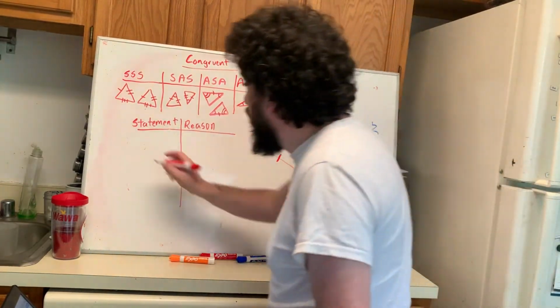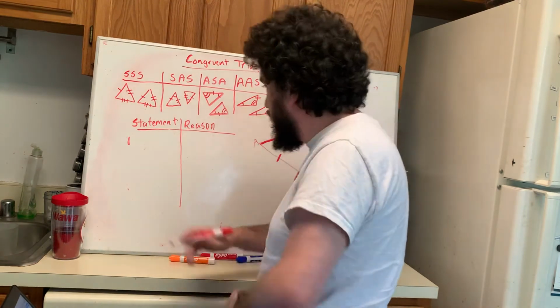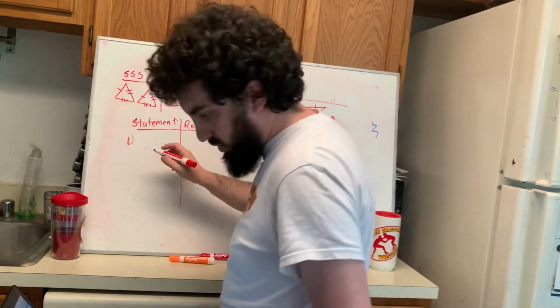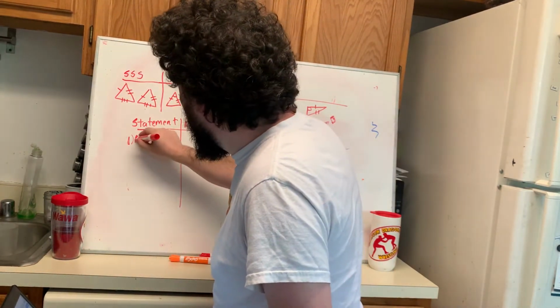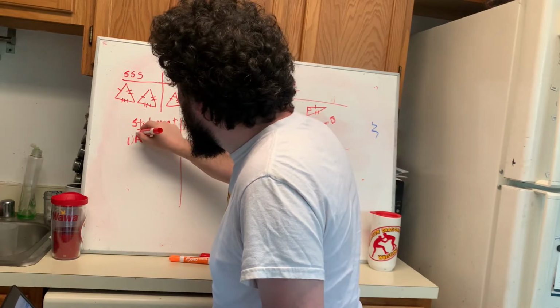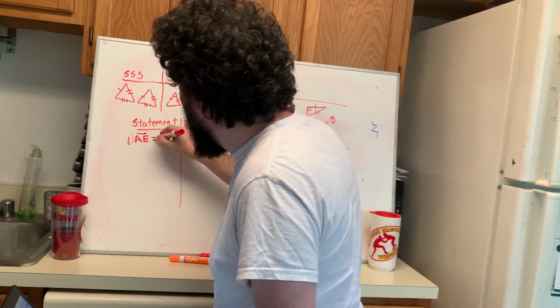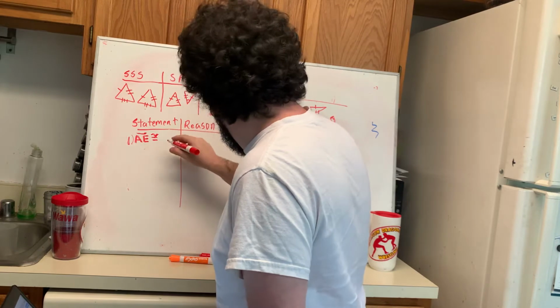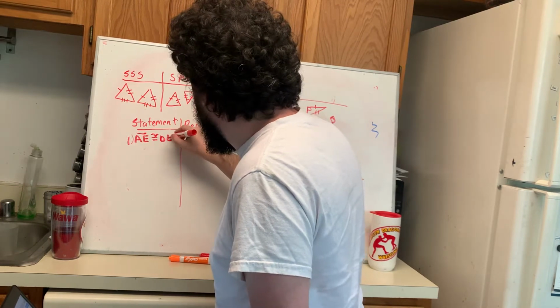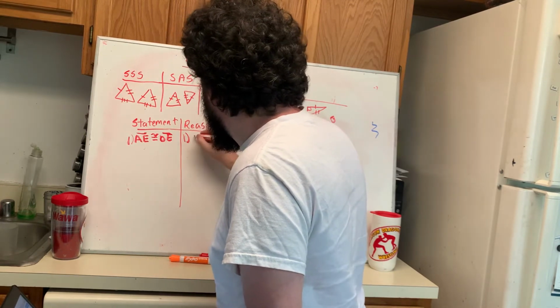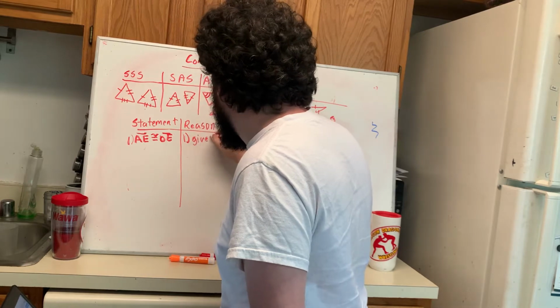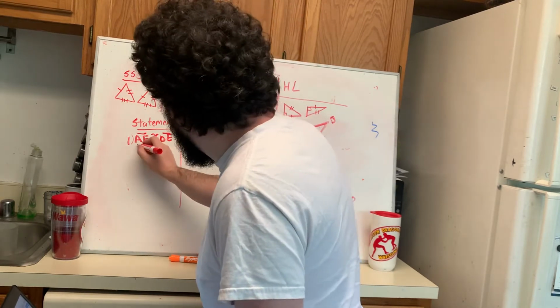So let's just start with that statement. So AE is congruent to DE. Reason: given. I do have another piece of this given statement.